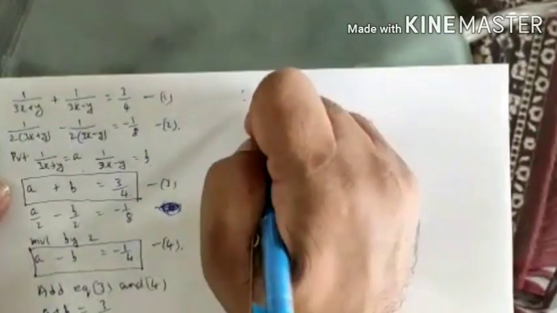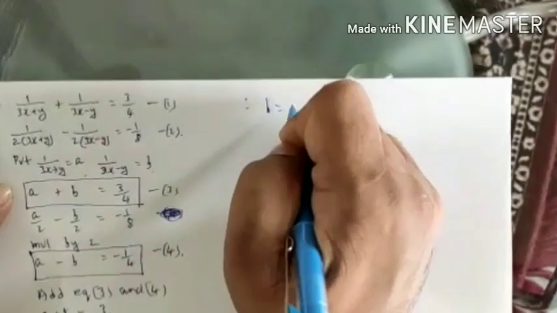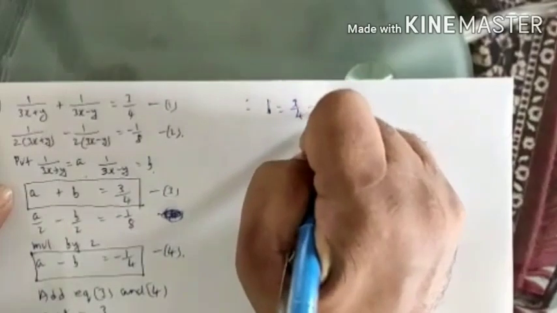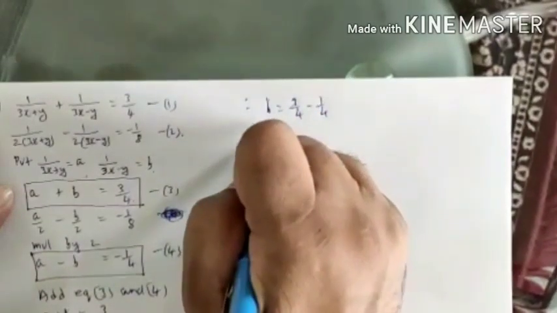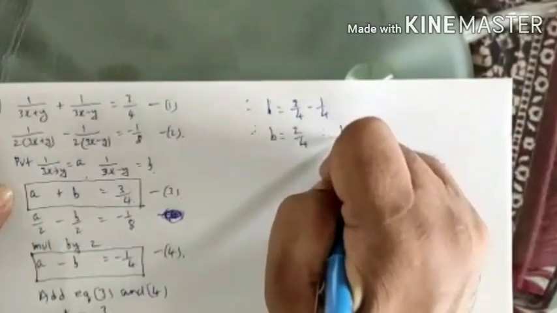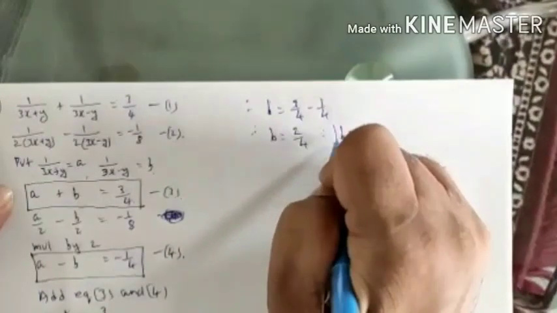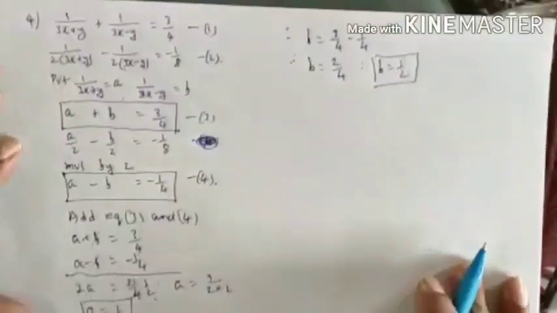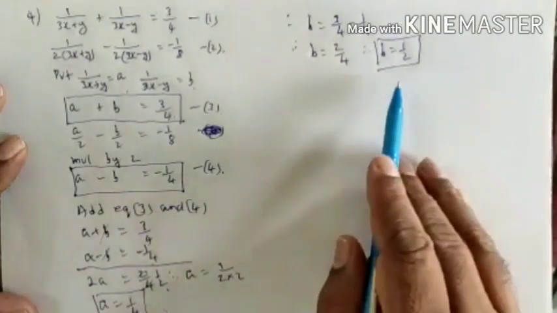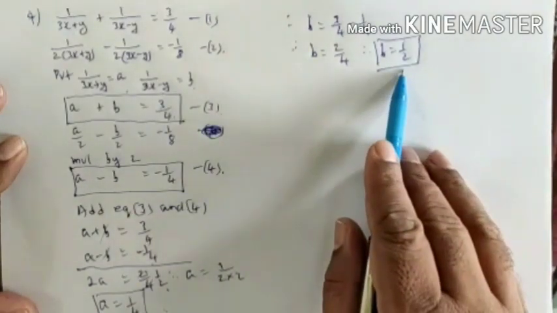Therefore, b will be equal to how much? Therefore, b is equal to 3 upon 4 minus 1 upon 4, or we get b is equal to 3 minus 1, 2 upon 4. 2 upon 4 means we get b is equal to, after cancellation it becomes 1 upon 2. So we got the value of a 1 upon 4 and the value of b as 1 upon 2.